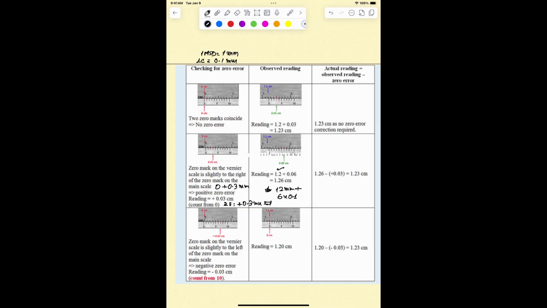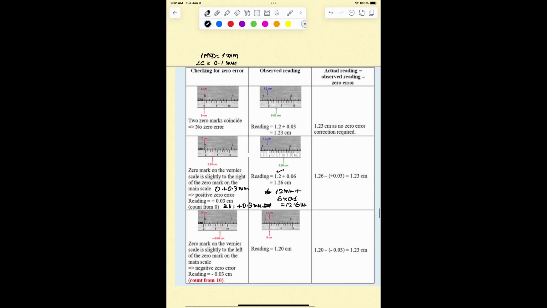Therefore, it is equal to 12.6 mm. Then, because there was a positive zero error, always subtract. Zero correction is always subtracting the zero error. 12.6 mm subtract plus 0.3 mm equals 12.3 mm, which is the reading.